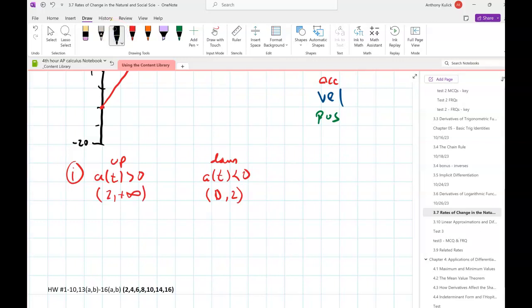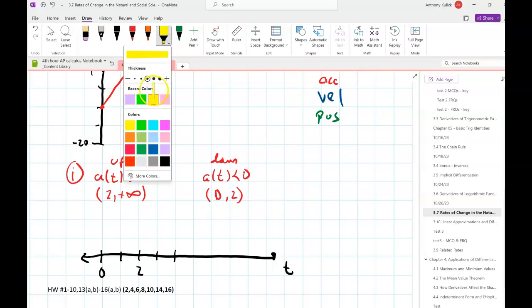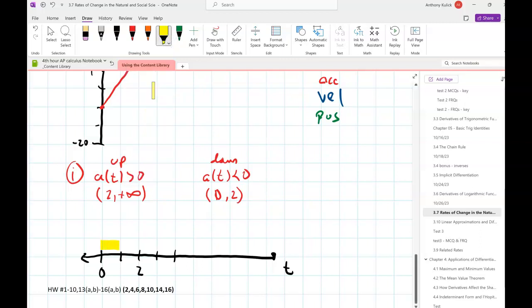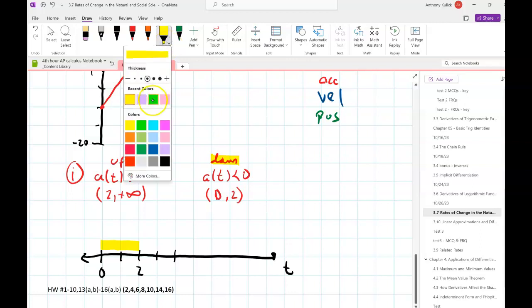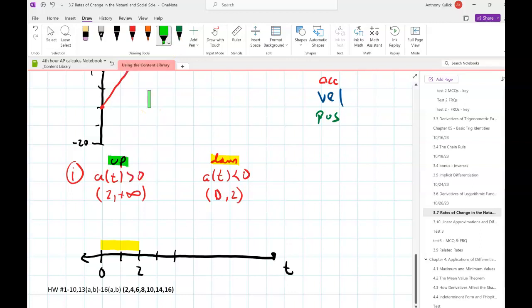So if I draw this now, okay, so our acceleration is slowing down all the way to 2, and then it's speeding up after that, right?